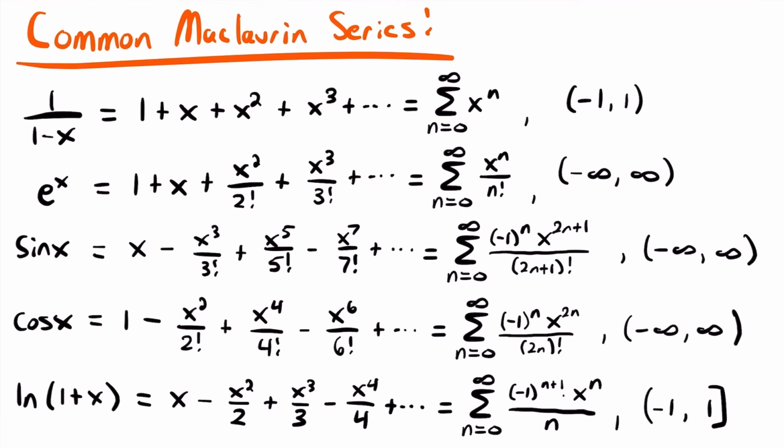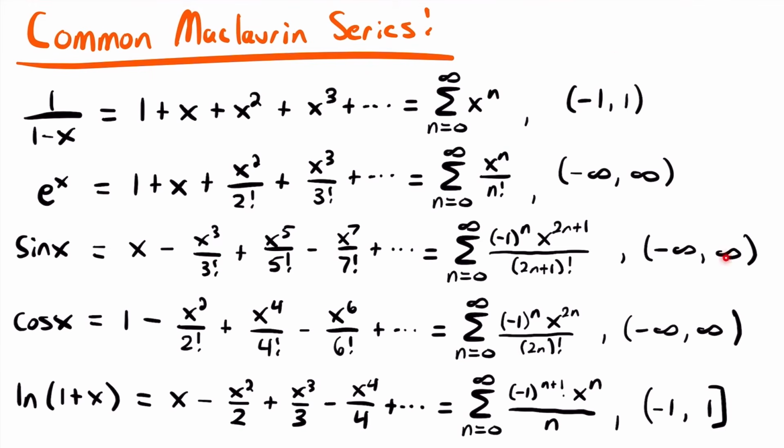But what we can do is easily find Maclaurin series for functions similar to these by just using these already established Maclaurin series. And in most cases, the intervals of convergence are also going to be the same for those functions. They have already been found for these power series, and so there's going to be no need to use the ratio test.